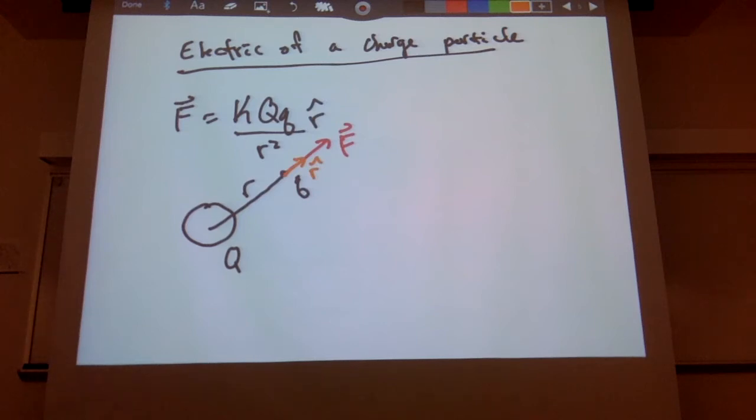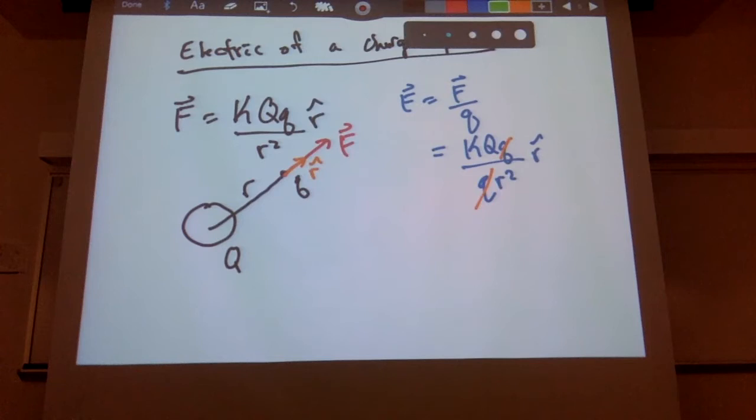Now we know, though, that the electric field is equal to simply the force per unit charge, which means this is going to be equal to k times Q times q divided by q times r squared in the r hat direction, which means that this q cancels with this q. So this is then going to be k times Q divided by r squared in the r hat direction.